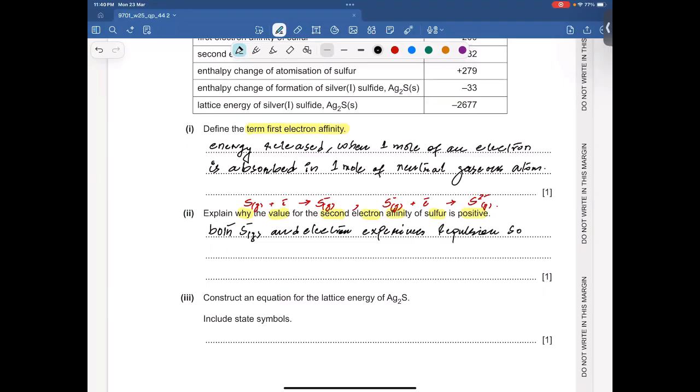So to overcome this repulsion, absorption of energy takes place. Hence, the reaction is endothermic.